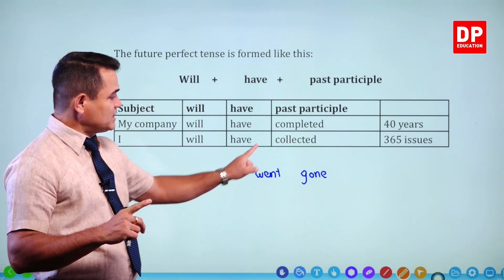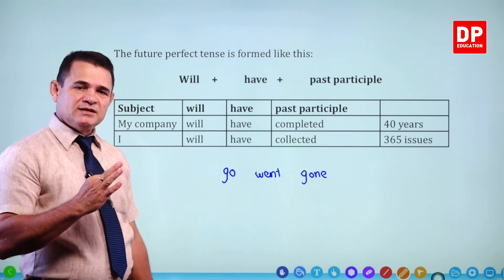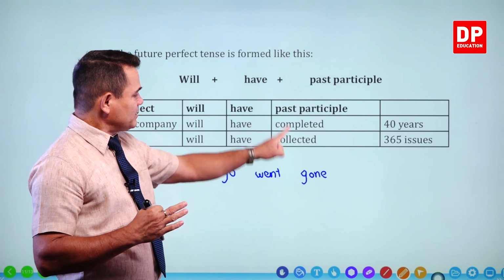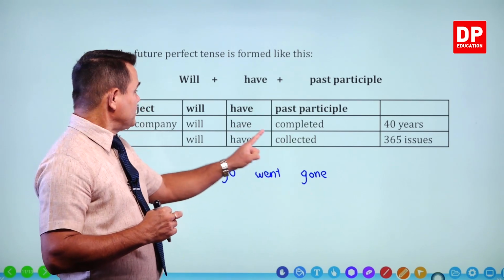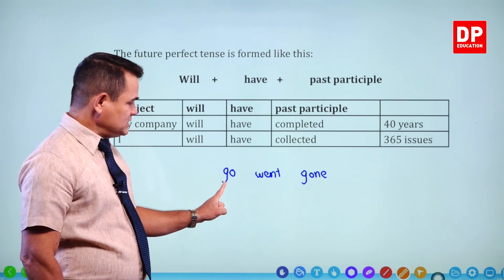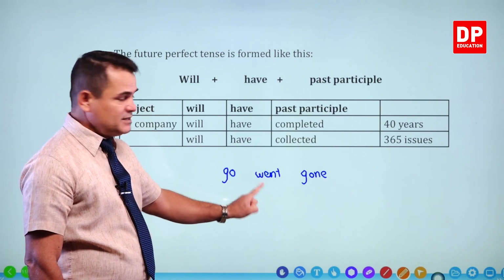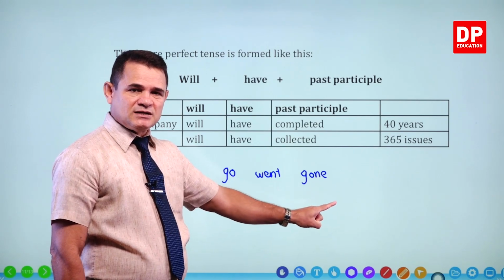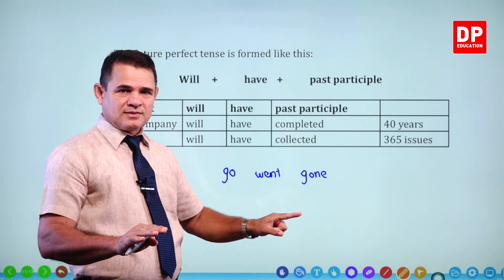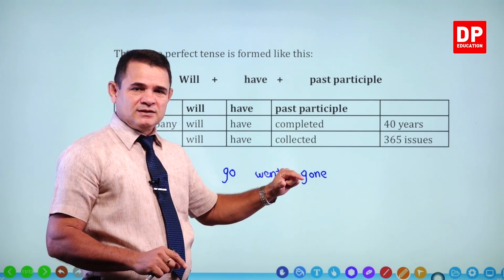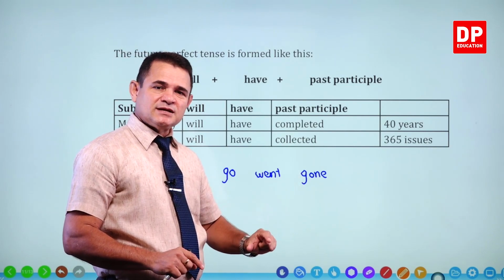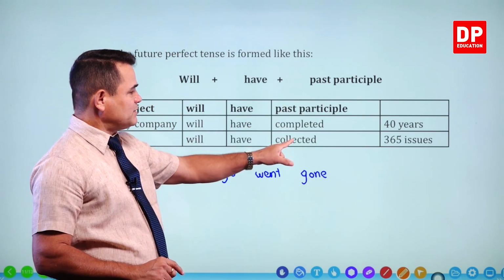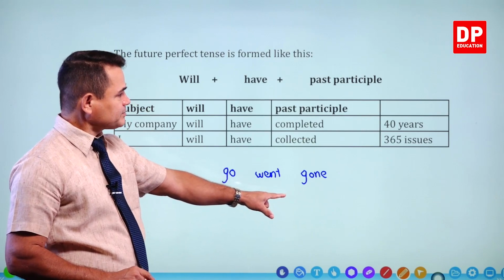This is the past tense and past participle. After will have comes the third form of the verb. For participate: participate, participated, participated. Its past tense and past participle are both the same. For verbs ending in ed, both are the same. So we use the past participle, the third form of the verb, then the rest.